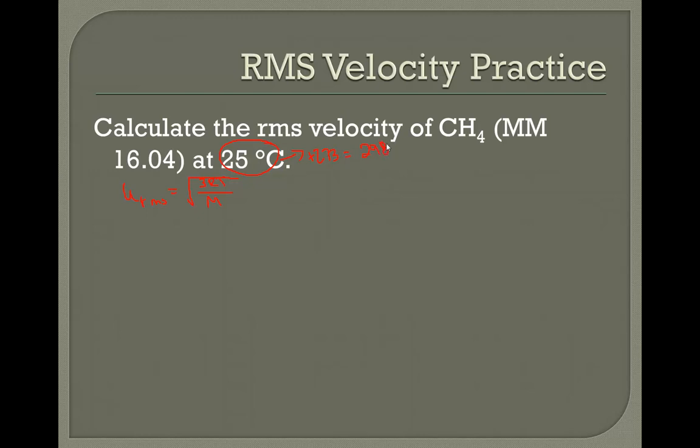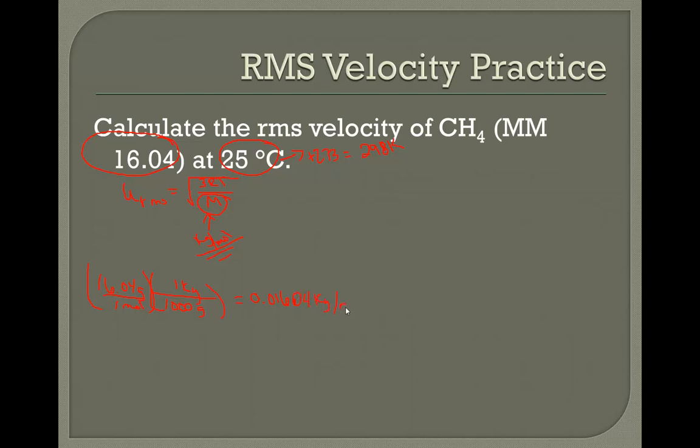One difference with this molar mass is that it has to be in kilograms per mole, not grams per mole. So they give us the molar mass as 16.04. We need to convert that to kilograms. There's 1,000 grams in 1 kilogram, so that is equal to 0.01604 kilograms per mole.